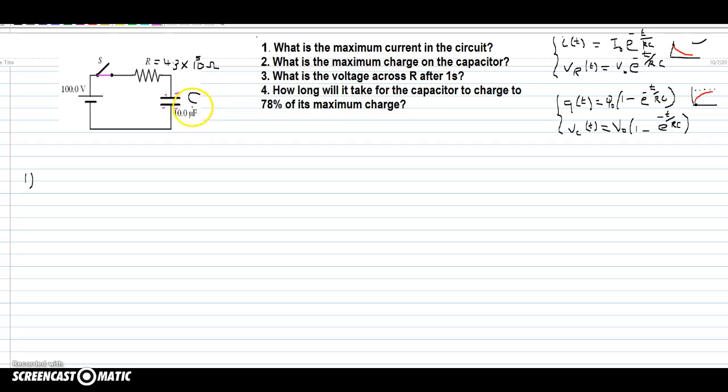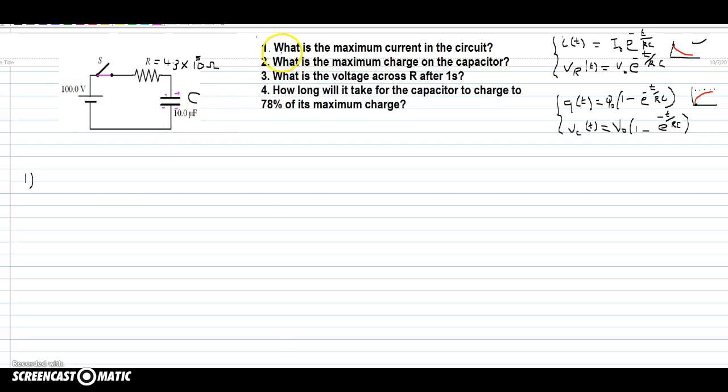So the charge is maximum, the voltage is maximum, as you can see in this graph. At that point, if there is no current, no voltage, so the voltage across the EMF is exactly the voltage across C. That's the maximum value. So the maximum value of the voltage is 100 volt.